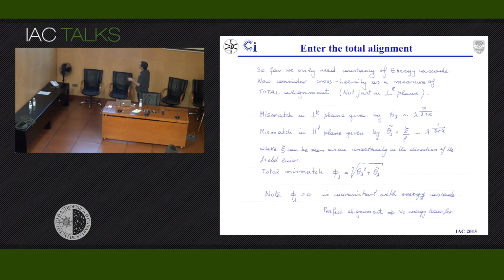But the total alignment has something to do with V dot B, with the cross-helicity, which is another one of the invariants of this theory. Now, the Goldreich-Sridhar theory doesn't know anything about cross-helicity. It just uses energy cascade. It just says the energy has to cascade uniformly through the scales. It hasn't used the fact that there are also these other invariants that I have to do something with.